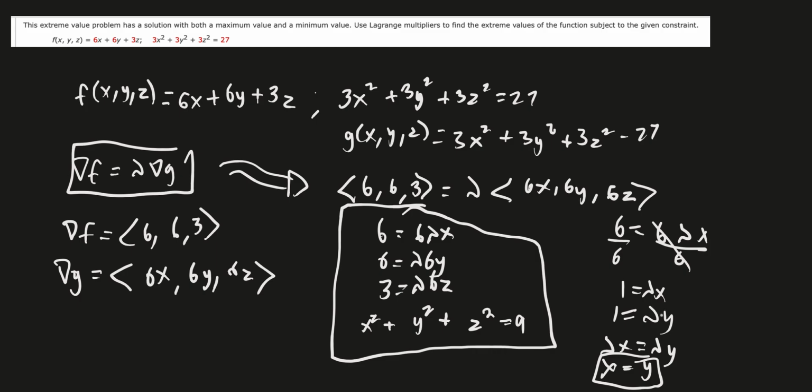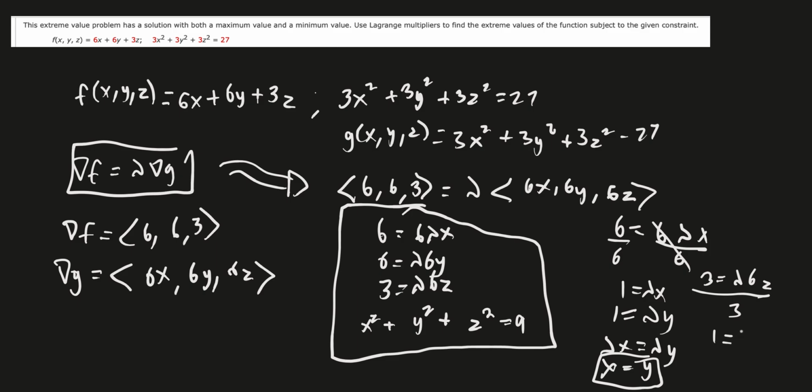The next step for us is to look at this equation and work with it. So 3 is lambda 6z. Let me just divide by 3.